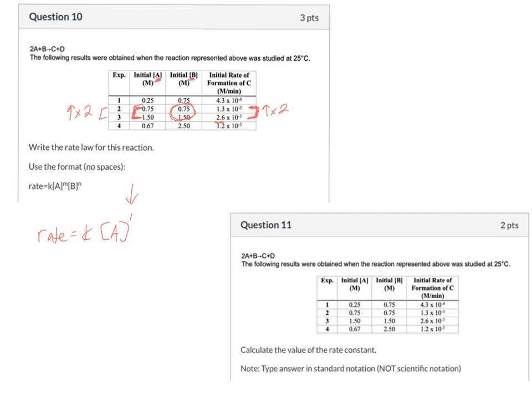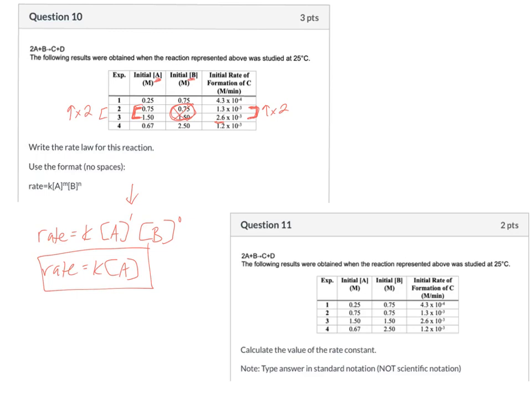So that means that B did not have any effect on the rate, making B zero order, which means that is your rate law, because B to the 0 power is just 1.